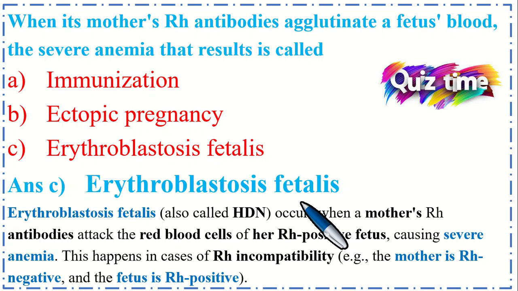Erythroblastosis fetalis, also called HDN, hemolytic disease of the newborn, occurs when the mother's Rh antibodies attack the red blood cells of her Rh positive fetus, causing severe anemia. This happens in case of Rh incompatibility. For example, the mother is Rh negative and the fetus is Rh positive.